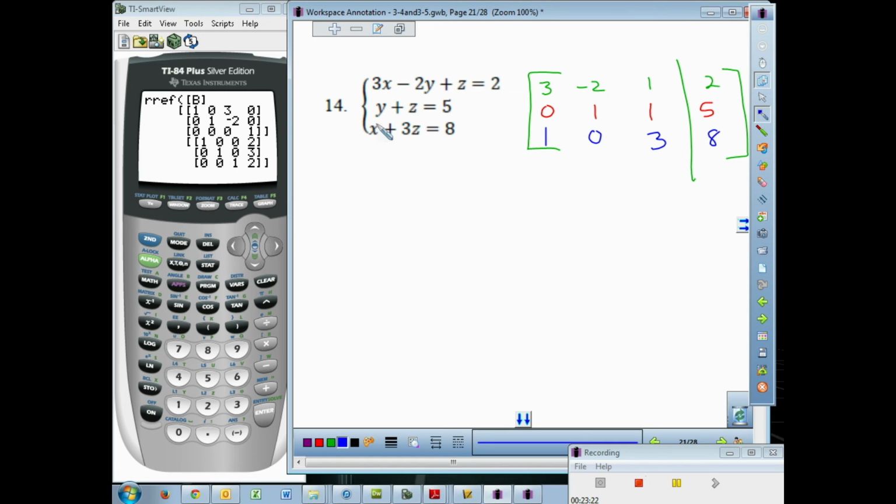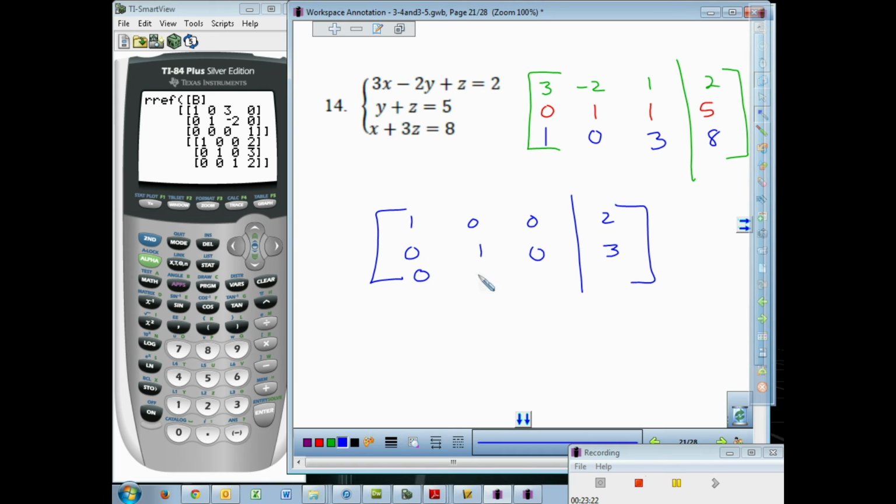Where are we at? We're on problem 14, right? Made a typo if you got decimals. Everybody got ones going diagonally? So, are there solutions to this one? Ones diagonally, 2, 3, 2.